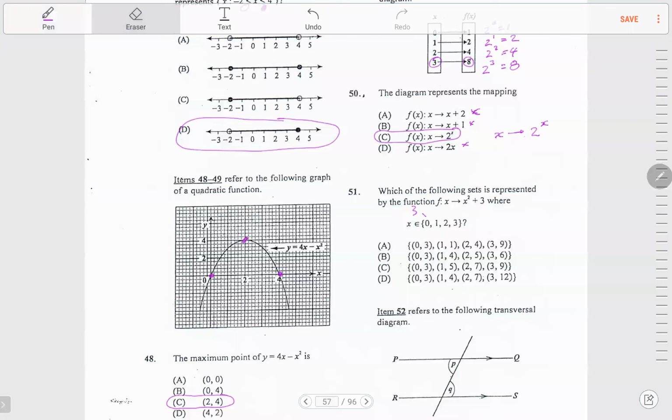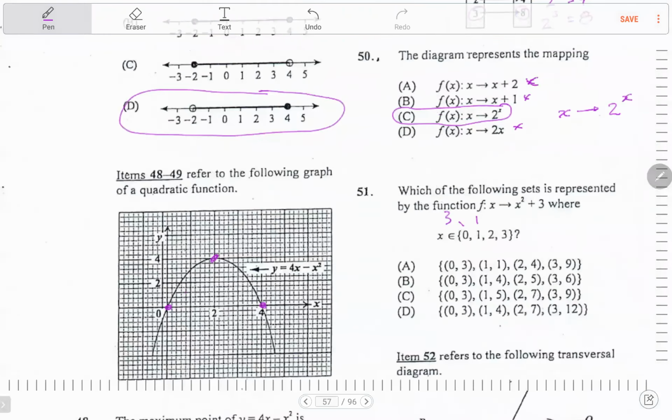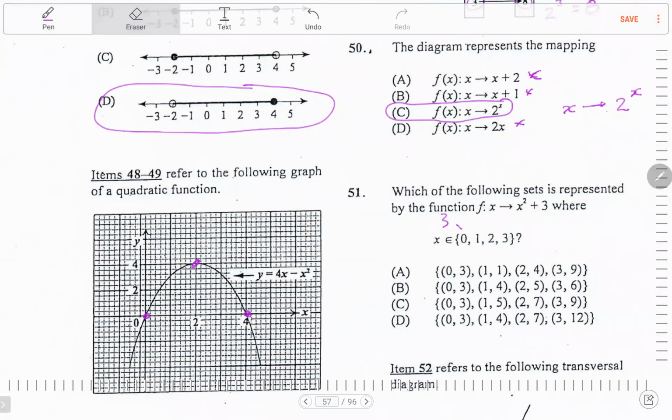And then the next one, the 1, would work out to 4, because 1 squared plus 3 is 4. And then the next one would be 2 squared plus 3. 2 squared is 4, and 4 and 3 is 7.